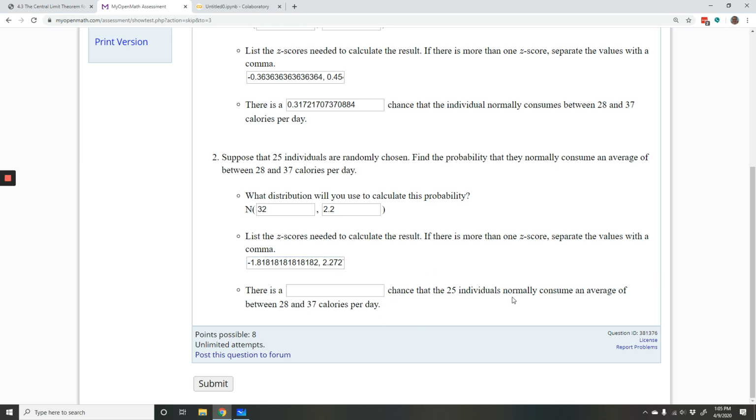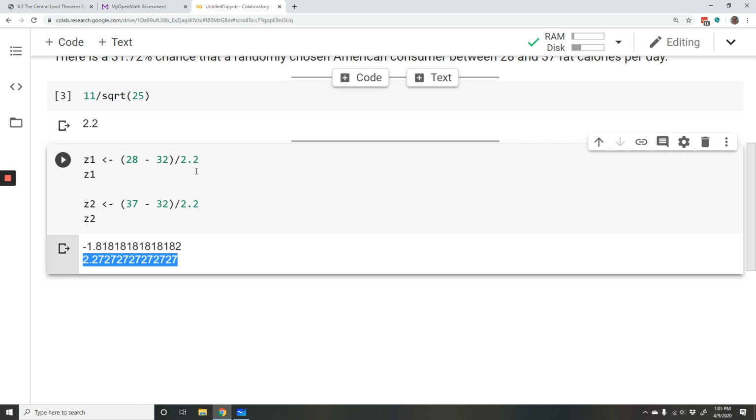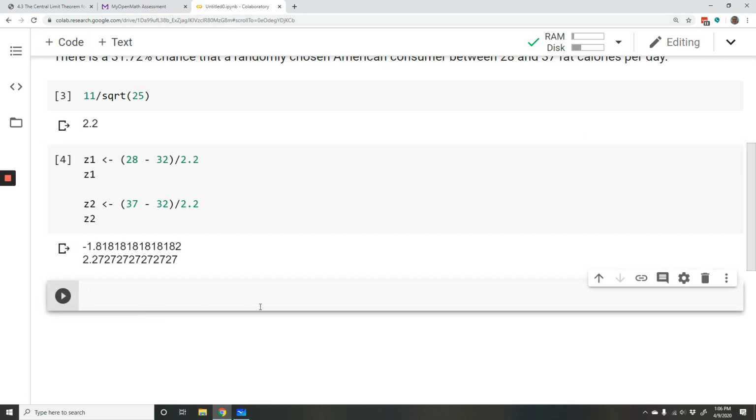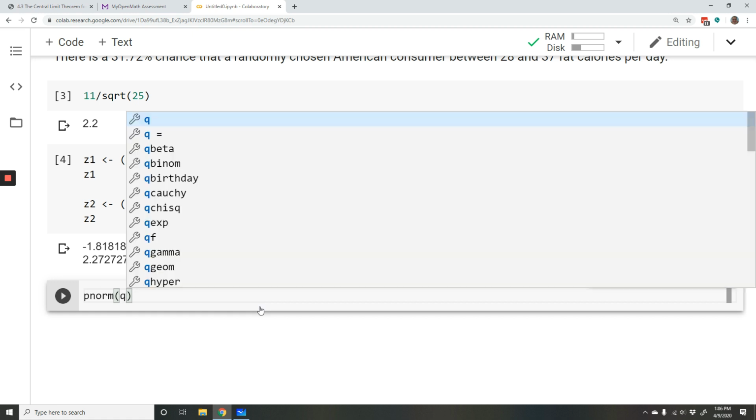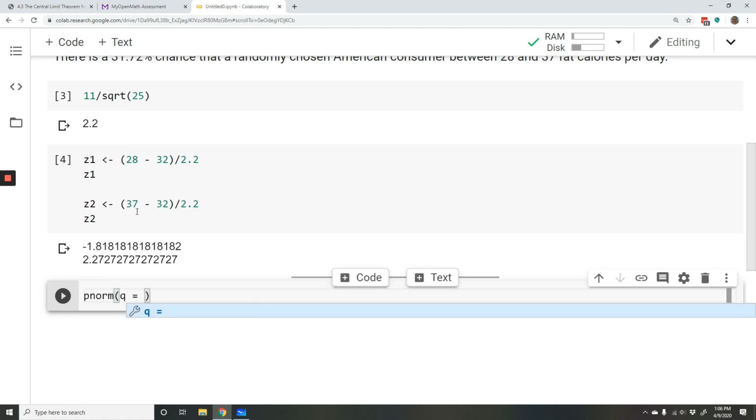Okay, finally we need the probability. We're going to calculate the same probability, the same way we did before. Okay, we're going to take the higher z-score and then subtract the probability that we're left of the lower z-score. So p-norm, so the higher z-score is our z2, right? z2 is the 2.2727.